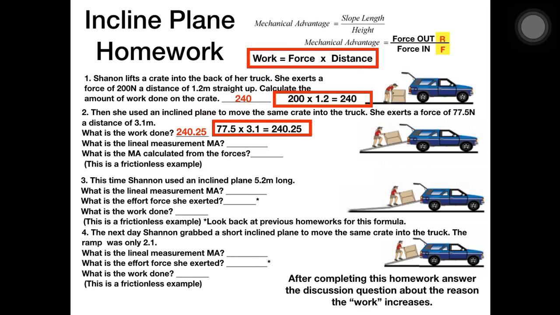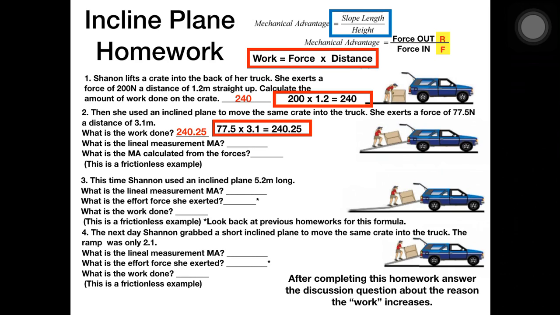What is the lineal measurement, MA? Okay, so here we're talking about length, right? Lineal measurement, we're talking about measurements, so we need to look at this formula here. Mechanical advantage equals slope length divided by height. So, in number 2, we know that the slope length, or the inclined plane here, was 3.1 meters. And we need to figure out what the height is.